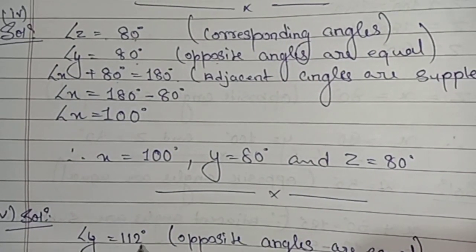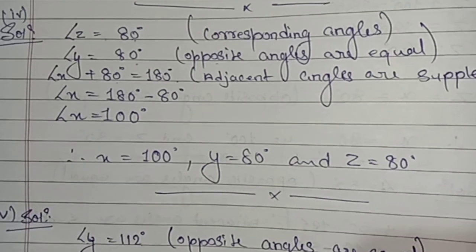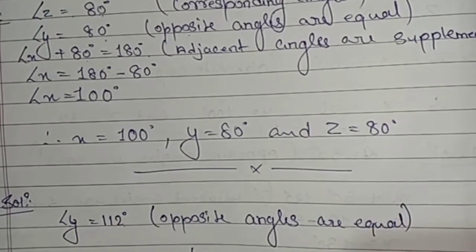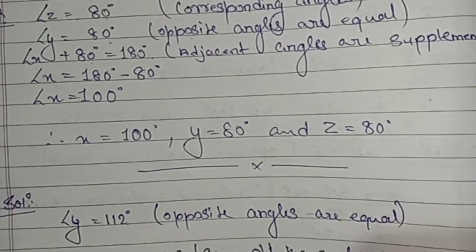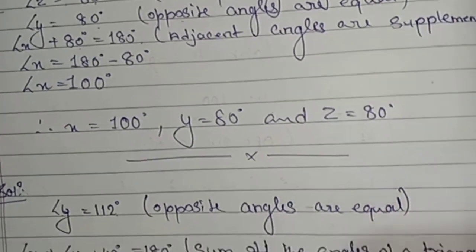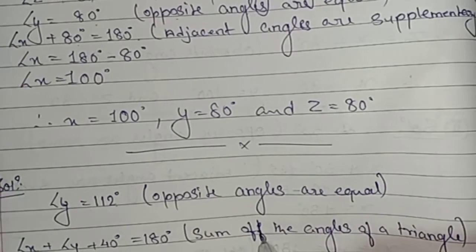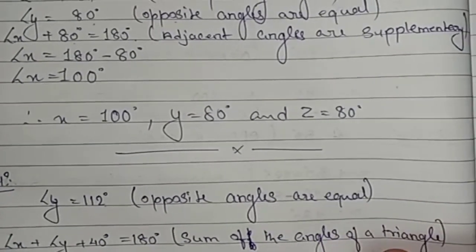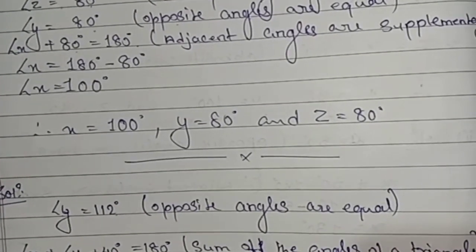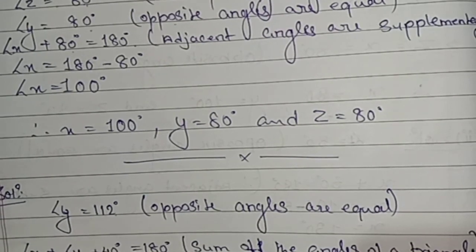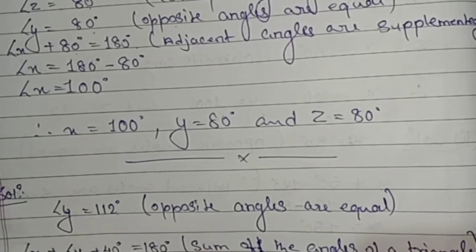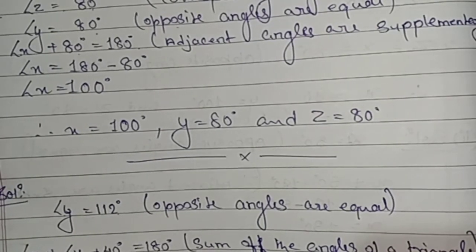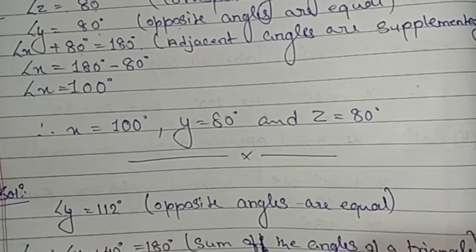Angle Y is equal to 112 degrees, opposite angles are equal. Then angle X plus angle Y plus 40 degrees is equal to 180 degrees, sum of the angles of a triangle. So let it be angle X. Angle X plus 112 degrees plus 40 degrees is equal to 180 degrees.